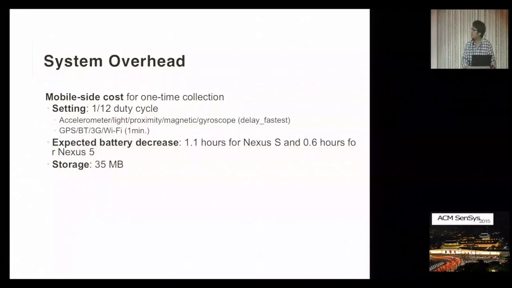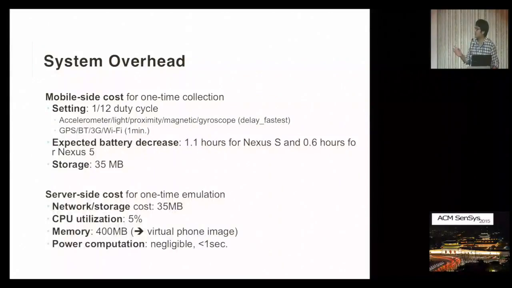For one-time collection on the mobile side, the battery decrease is only 1.1 hours for Nexus S if we apply a 1/12th duty cycle. And for the server-side cost, for one-time emulation, the overhead is only 5% of CPU utilization and 400 megabytes of memory. But the memory workload is mainly from loading the virtual phone image.